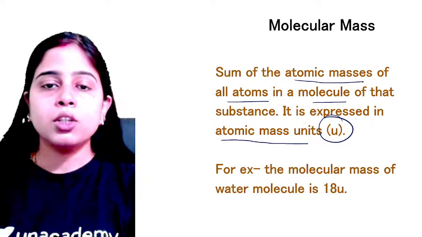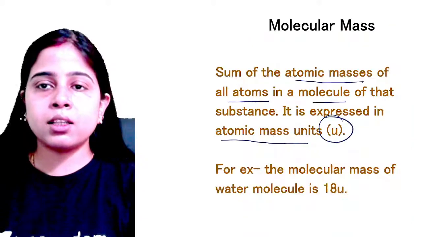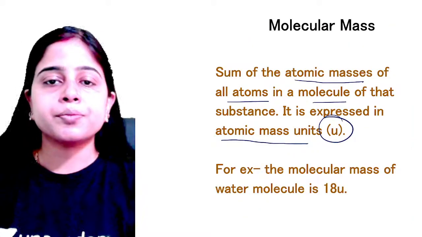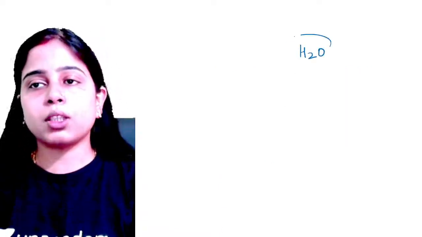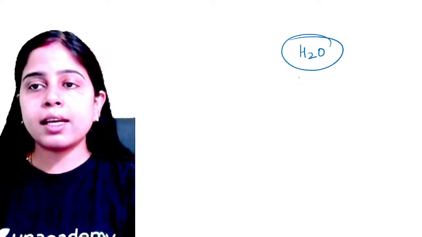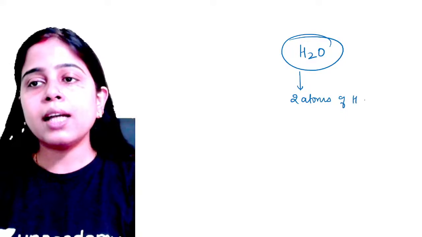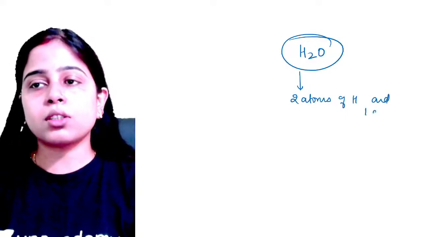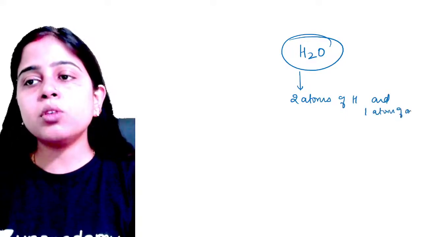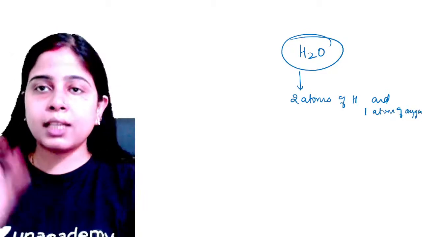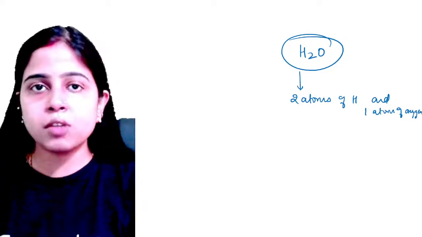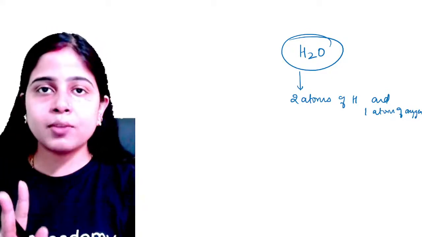So let me show you an example of this, then you will understand it better. Okay, so this is a molecule of water. Yes or no? In this case, you have two atoms of hydrogen and one atom of oxygen. That means you need to find out the entire atomic mass for two atoms of hydrogen and one atom of oxygen.